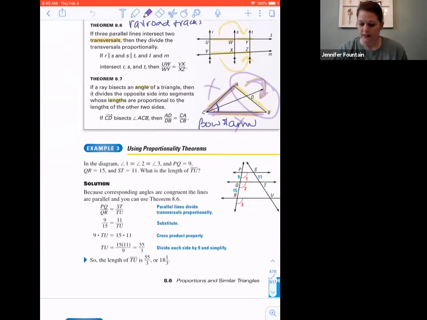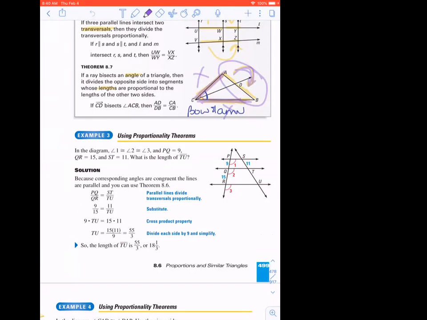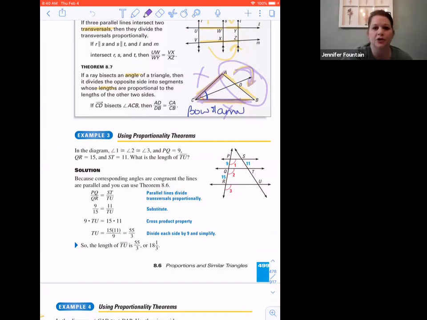All right, so we're starting with example 3 on page 499. Get Easton back in here. Sorry, my internet went out. That's okay, and I'm trying to do the best I can.